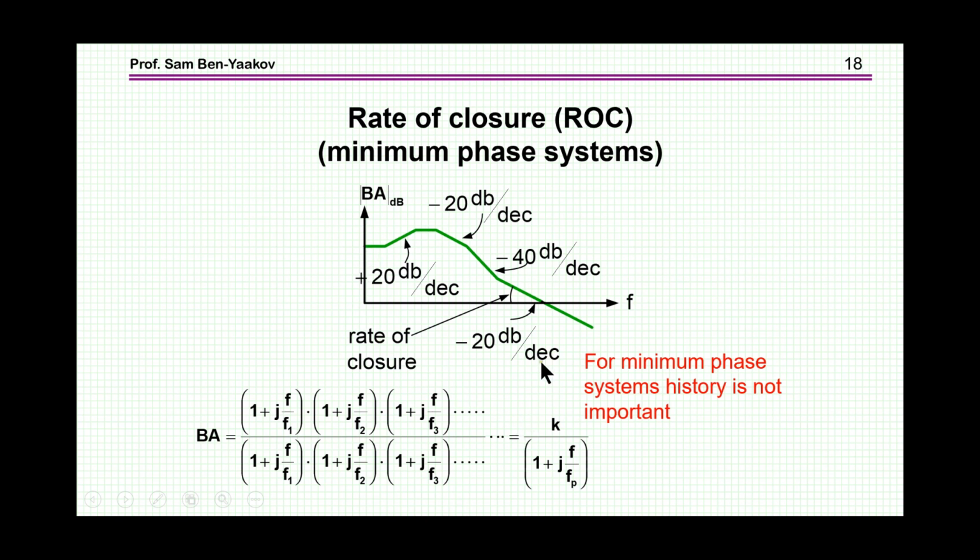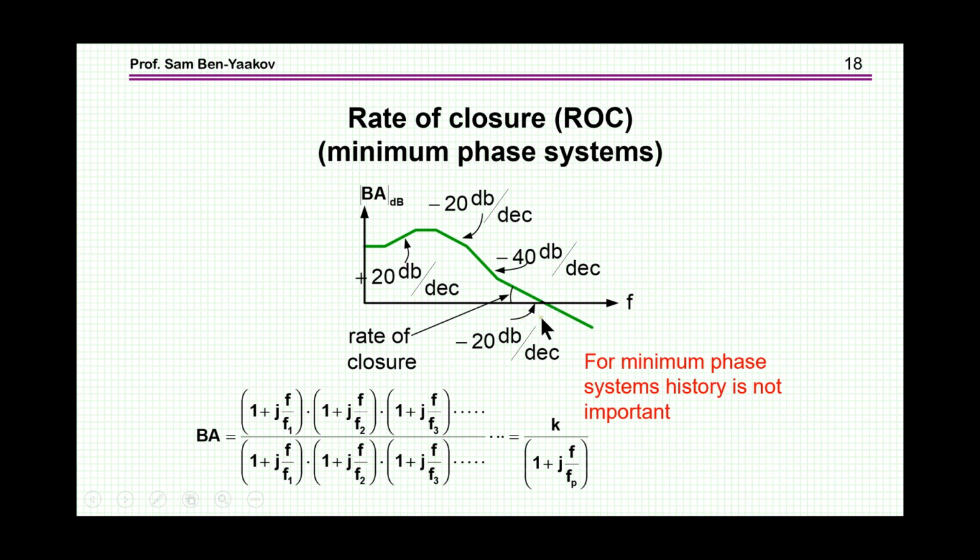That is, if you look at this section here, and you see that it goes down 20 dB per decade, the fact that this went up and down with phases that are advancing and delayed does not affect this portion here.